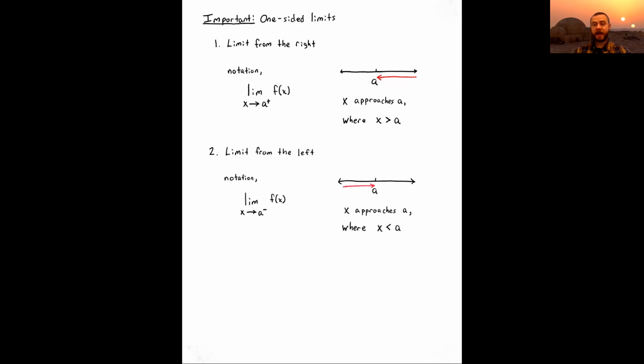All right, a limit from the left is pretty much the same thing. We approach a number a, but now from one side. And now to the left of a, those are values that are less than a for x. So we would plug in a value for x that's less than a when thinking of or evaluating a limit from the left.